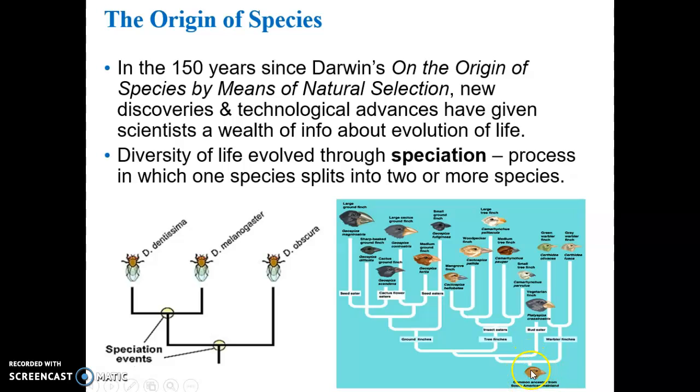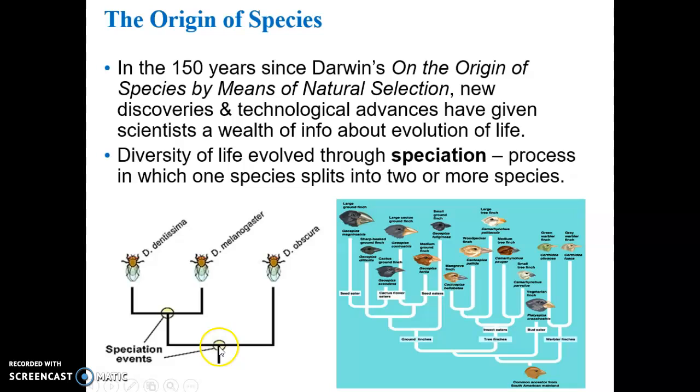That one population of finches was initially one species, and over time that one species split, notice the little division here, into two species, and then later into 3, 4, 5, 6, 7, 8, and there are about 14 species currently alive on the islands.